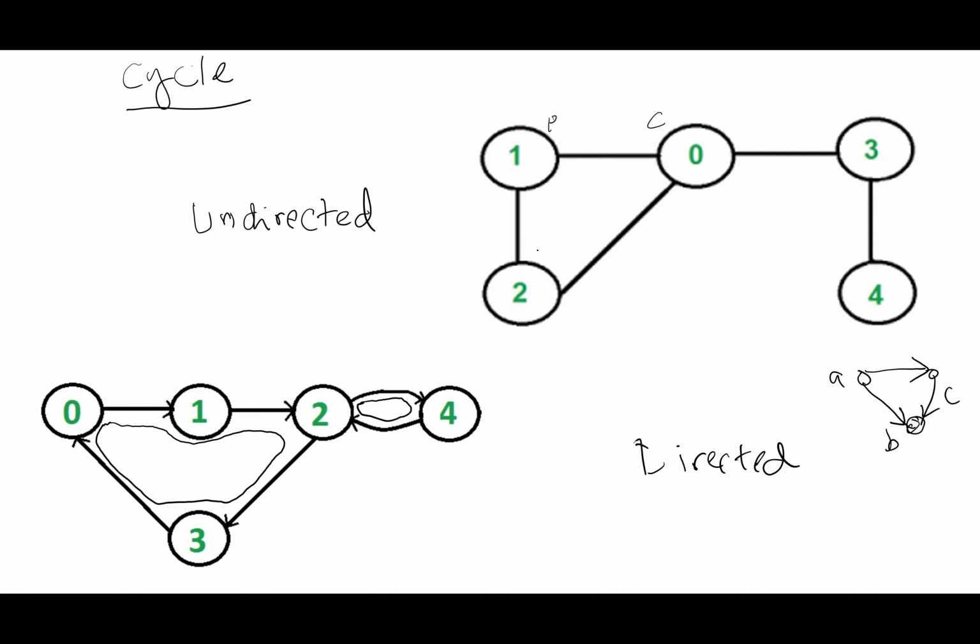Say this is parent and this is two's child. But then you cannot have an edge between, like, then it becomes ambiguous, right? So a tree is an example of an acyclic undirected graph.